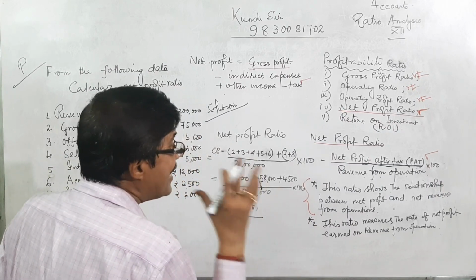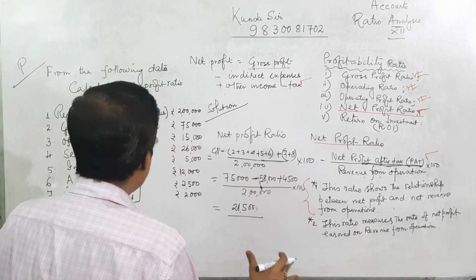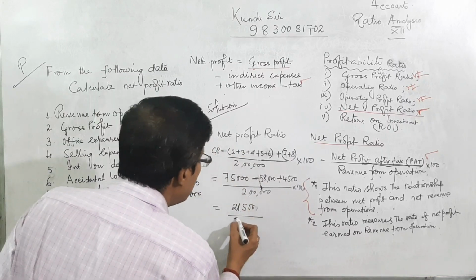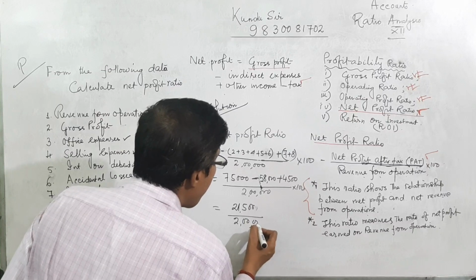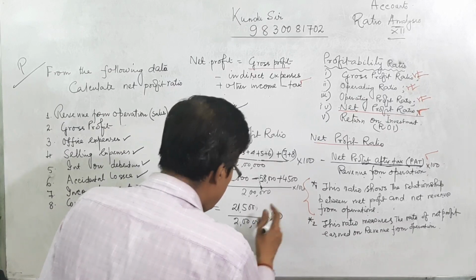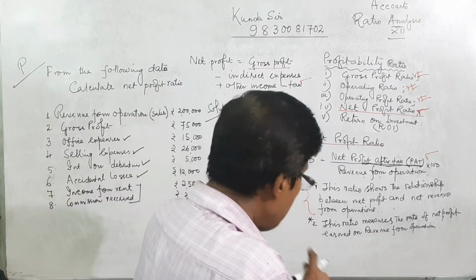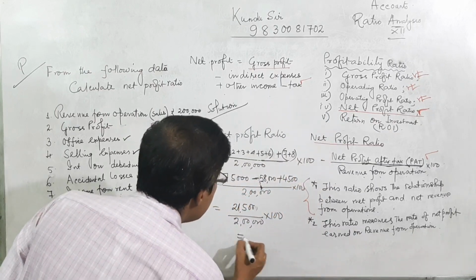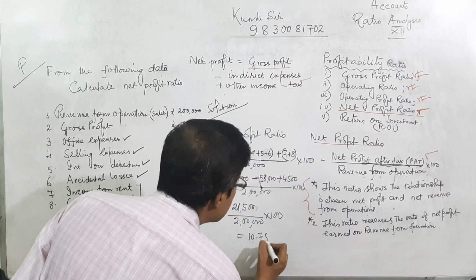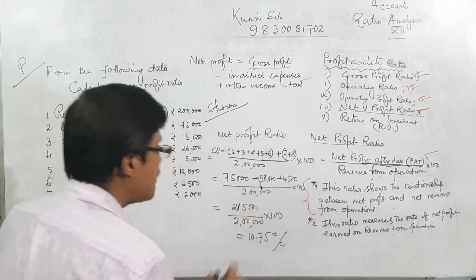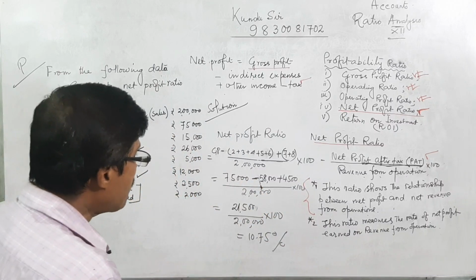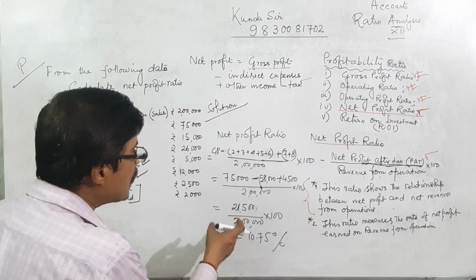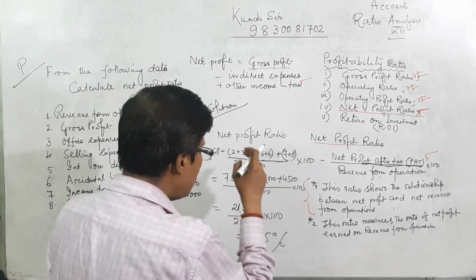Upon the net sales or revenue from operation, it is mentioned here 2 lakhs multiplied by 100. Now we are calculating, this equals 10.75%, the net profit ratio. That is the profit percentage.